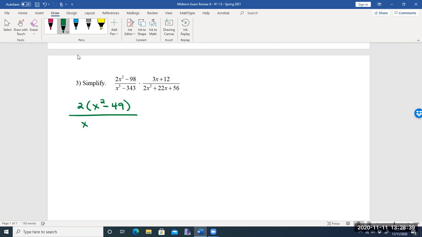In the first denominator, no GCF, so I'll leave it as is. In the second numerator, I notice a GCF of 3, and in the second denominator, a GCF of 2. So first, I'm just going to factor out my GCFs.